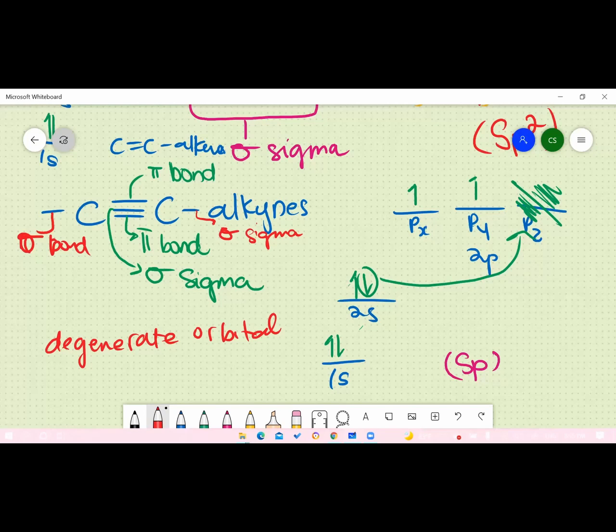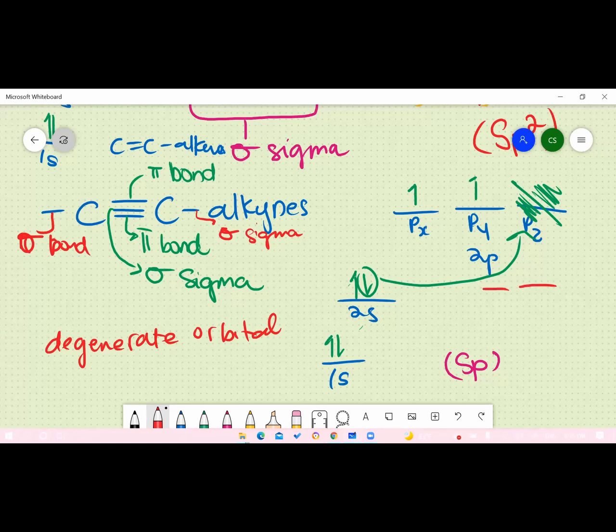So how many hybridized orbitals would you get? You will only have two because you only have one s orbital and you only have one p orbital. Very good. And you see how we got the two? Yes. All right, very good.